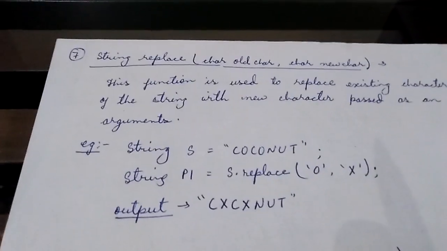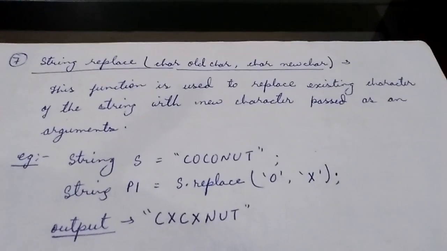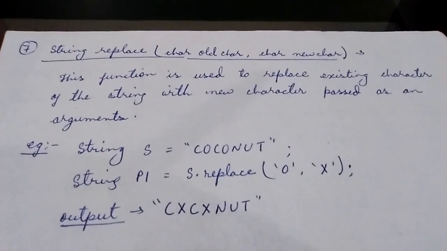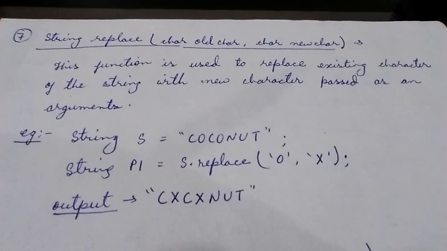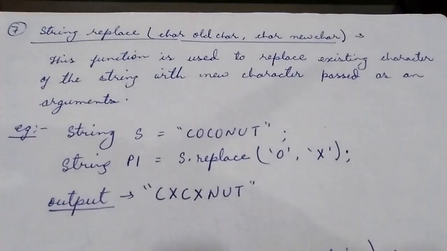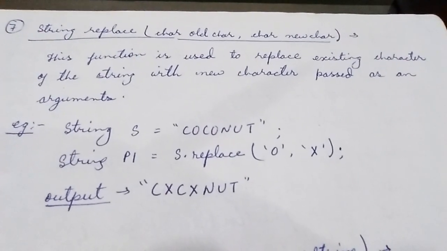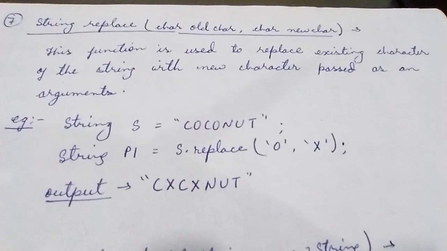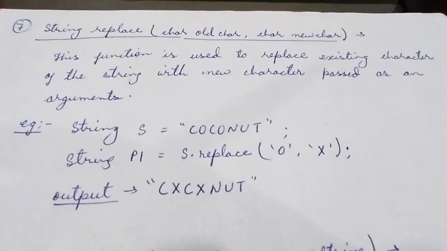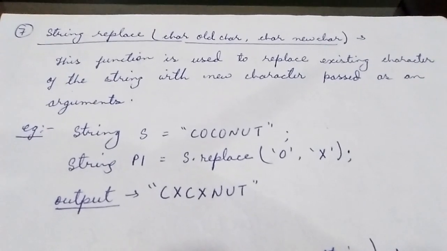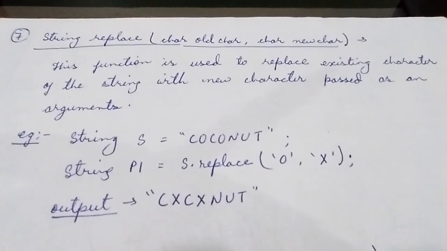The next function that we will start is replace. A very good function and very helpful in programming. This function is used to replace an existing character of the string with a new character passed as an argument.